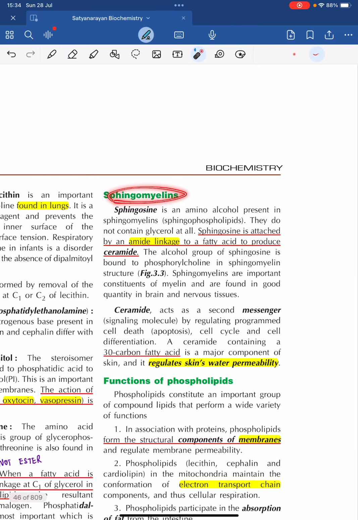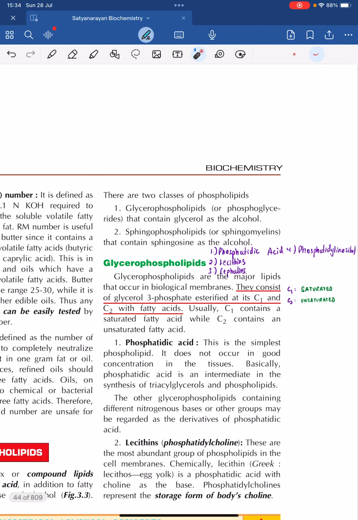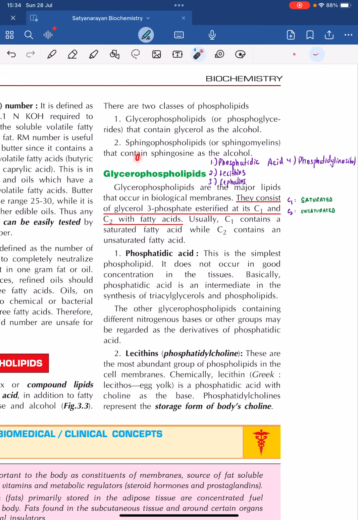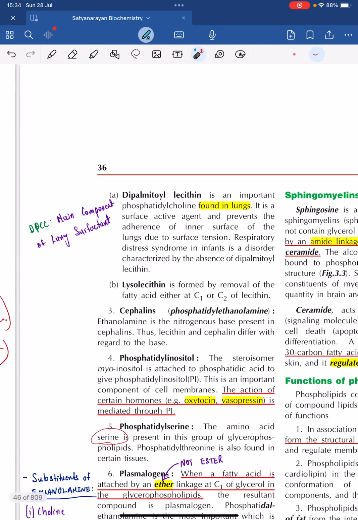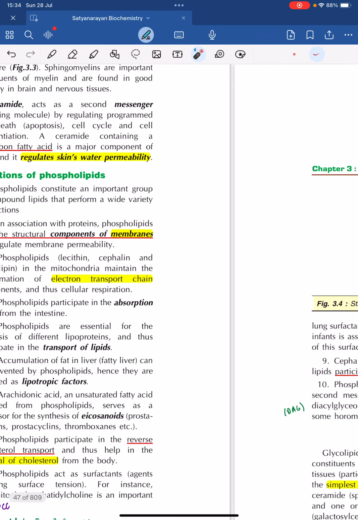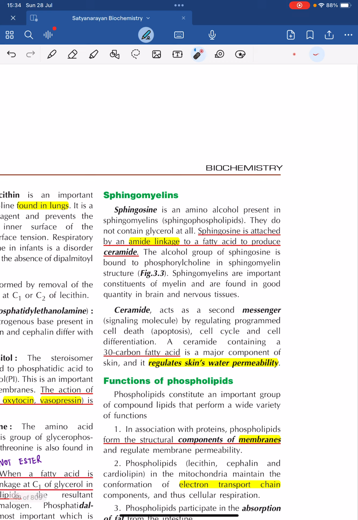Talking about sphingomyelins or the sphingophospholipids. Sphingosine is an amino alcohol present in sphingomyelins. They do not contain glycerol at all.